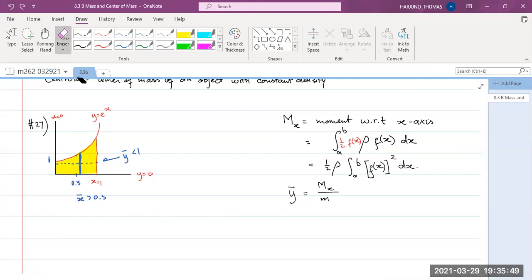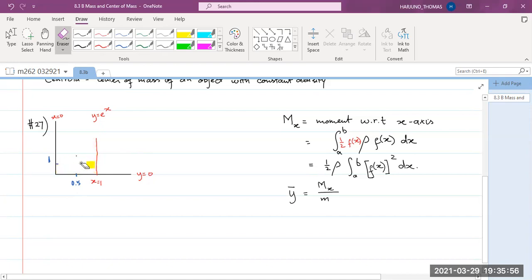First thing we need to do is to find the mass. The mass is the integral from 0 to 1 of rho times f(x), which is e to the x, dx.